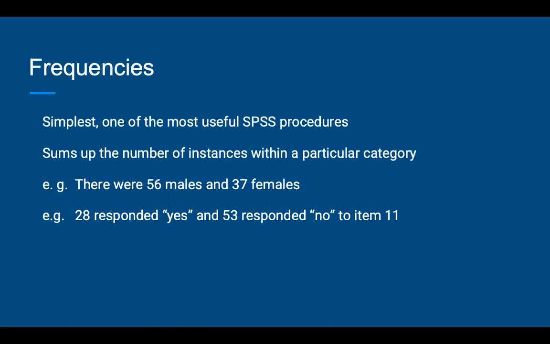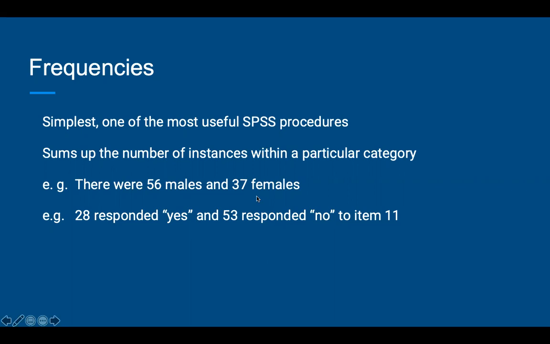This is used more for categorical variables. So if, let's say, you ran some kind of study, you could put it into frequency form to describe that maybe there were 56 males in your study and 37 females.